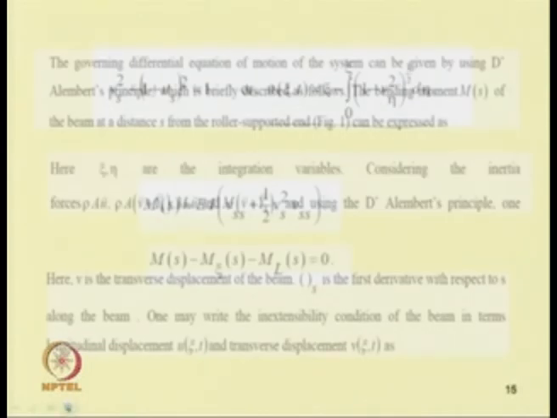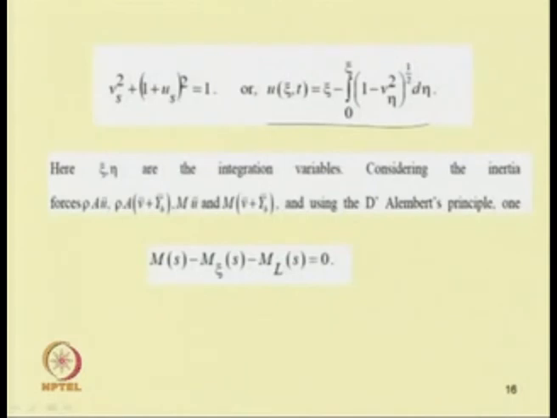So, in this case the inertia force will be rho a u double dot, where rho is the mass per unit length, a is the area of cross section, u is the axial displacement. So, u double dot is the acceleration in the axial direction, and in the vertical direction we have two accelerations.